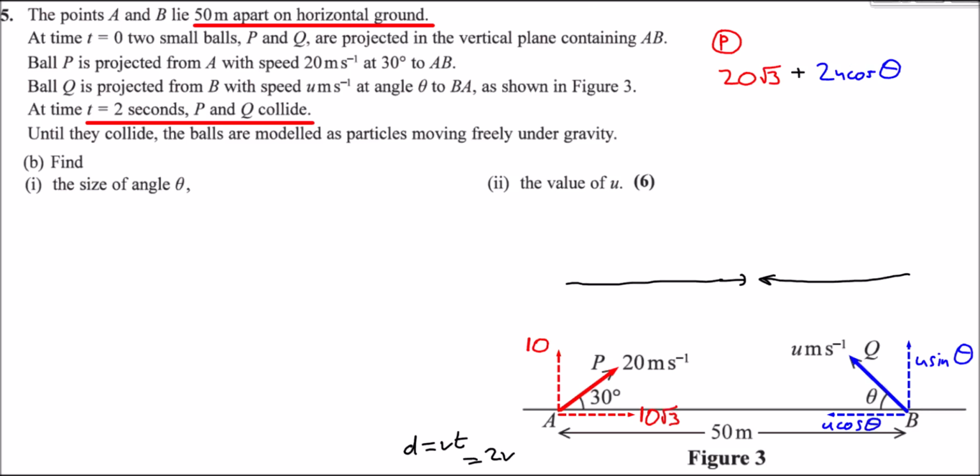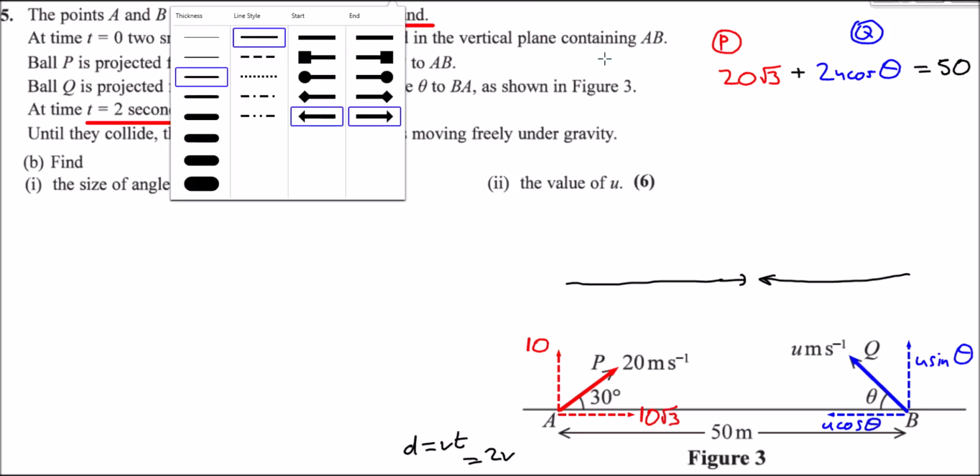So that distance plus this distance needs to give 50. That's the distance that P covers, this is the distance that Q covers. And that's just thinking about distance going left and right.